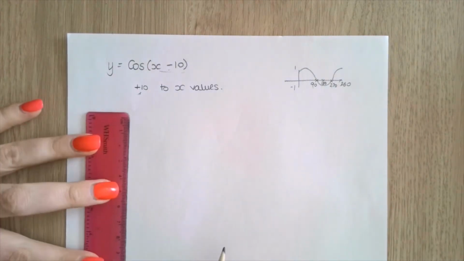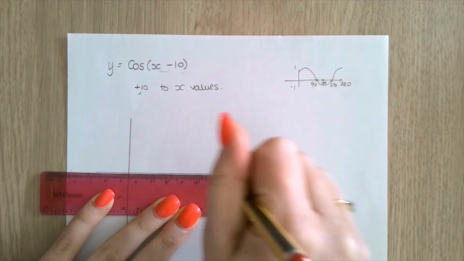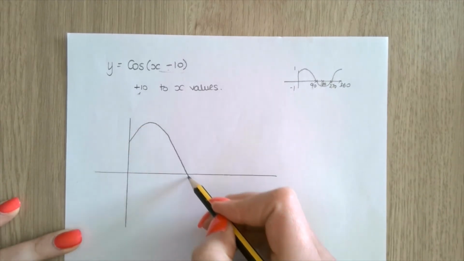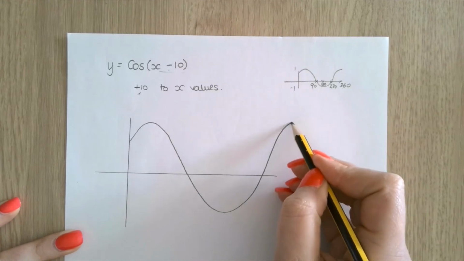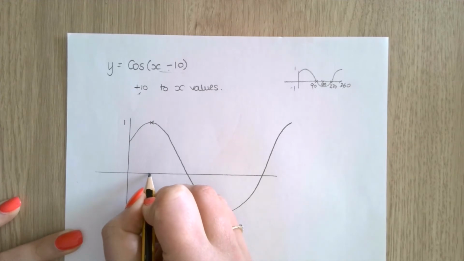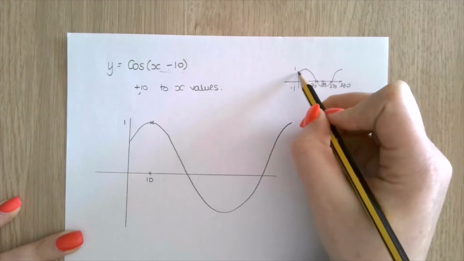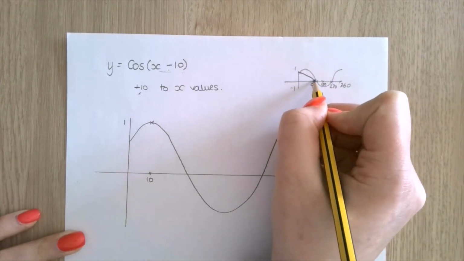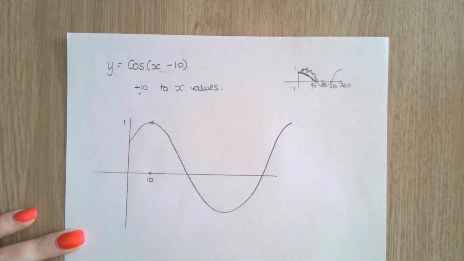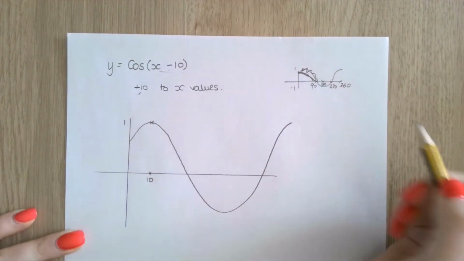So, sketch that. This point here, where my maximum is, is now at 10, because this point has moved across by 10.